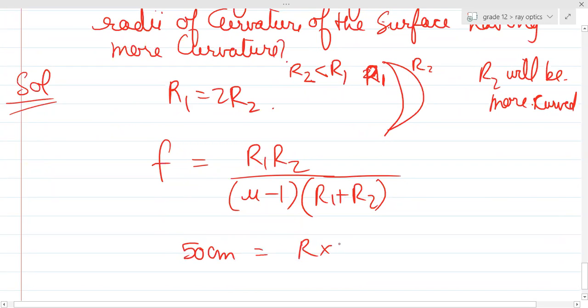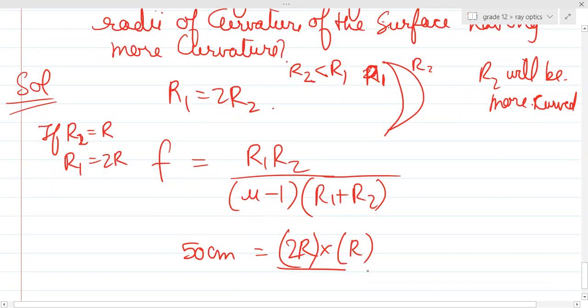So if R2 is equal to R, then R1 will be equal to 2R. So it will be 2R multiplied by R divided by refractive index 2 minus 1, divided by twice of R plus R.